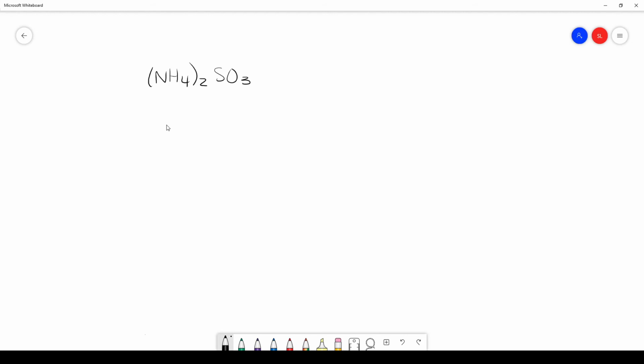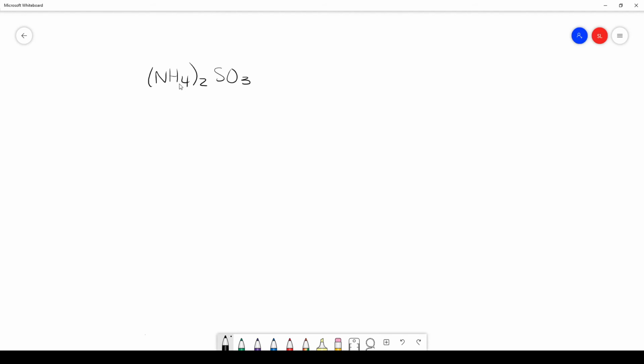If the first part of the compound is not a metal, the second question is, is it ammonium? And so you're either literally looking for the word ammonium, or you're looking for the chemical formula for ammonium. In this case, even though every single element here is a nonmetal, the fact that this starts with ammonium tells us that it's ionic.